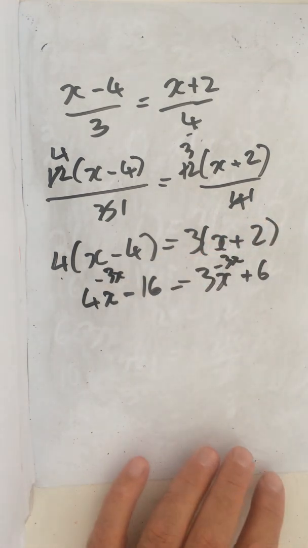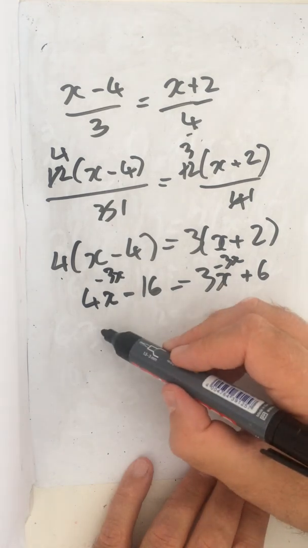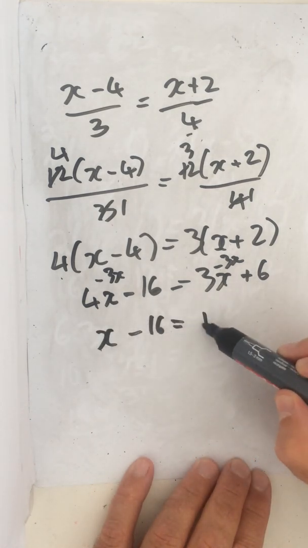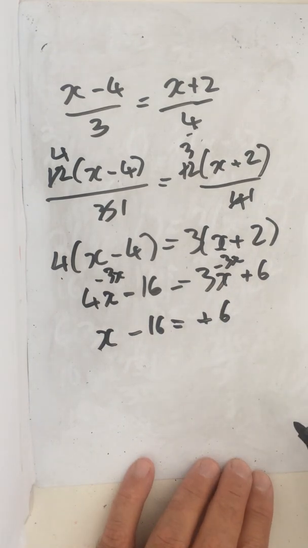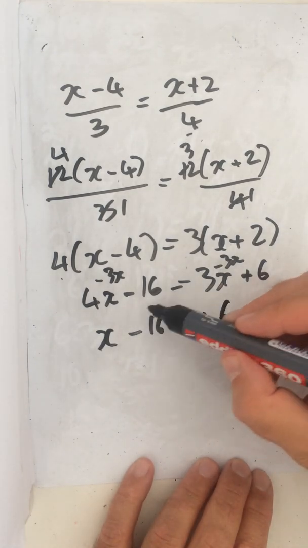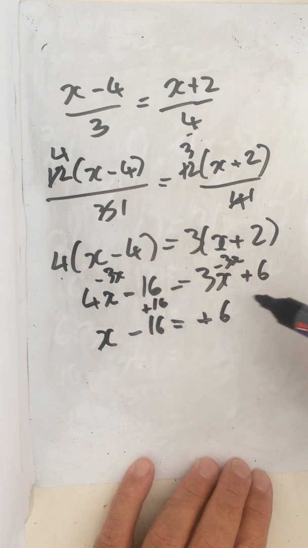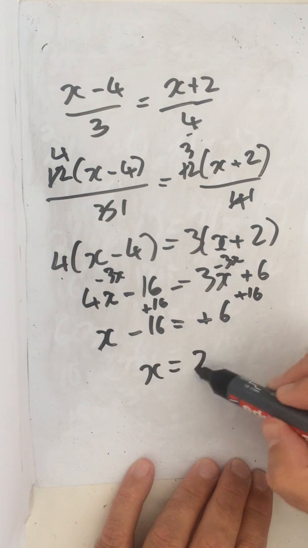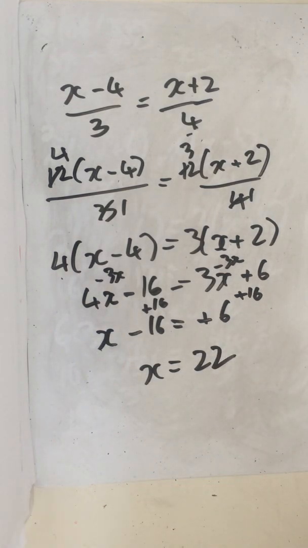Minus 3x. That just leaves me with x minus 16 is equal to plus x. Then to get rid of the minus 16, I'm going to add 16 to it. Add 16 to this side, x is equal to 22. Oh, I think I might have made a mistake there.